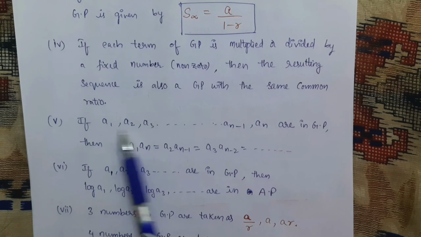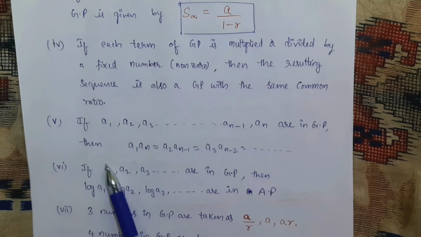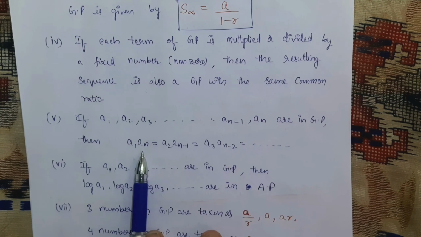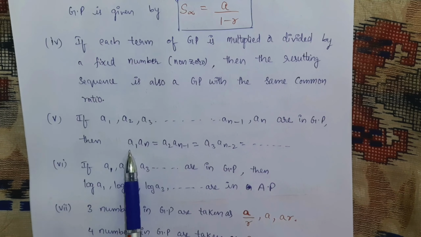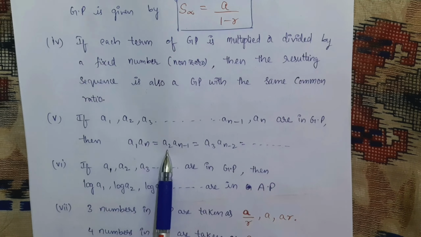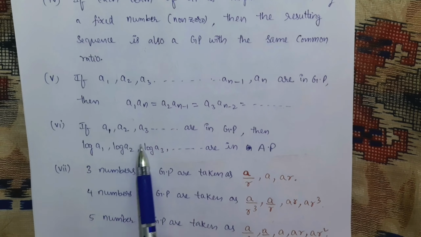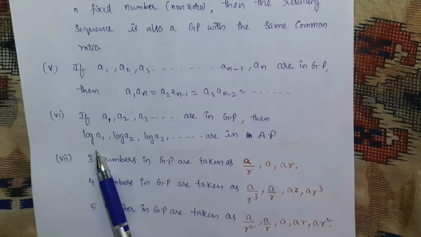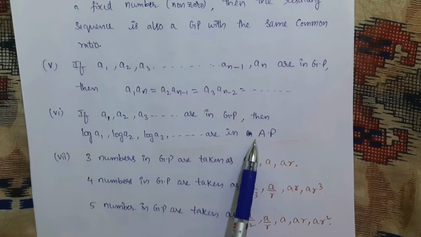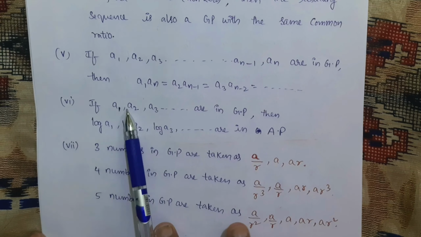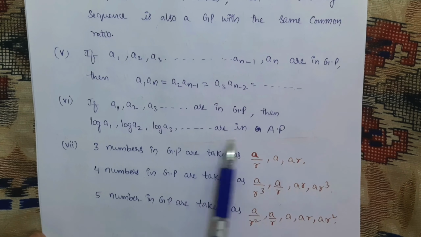If A1, A2, A3 and so on, An minus 1, An are in GP, then as in AP the sum of the first and last term and the second and second-last term are equal, similarly in GP the product of the first and last terms and of the second and second-last terms will be equal. If A1, A2, A3 are in GP, then log A1, log A2, log A3 are in AP, not GP. Remember, if A1, A2, A3 are in GP and we apply log to all the terms, they will be converted into an AP.